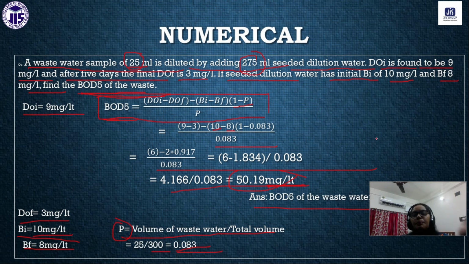Very simple and very scoring numerical. This type of numerical generally carries 3 or 4 marks. If you do it properly, then you will get the full marks. Very easy, all the data are given, you only have to identify which equation you have to use to solve the problem, understand? So very simple.